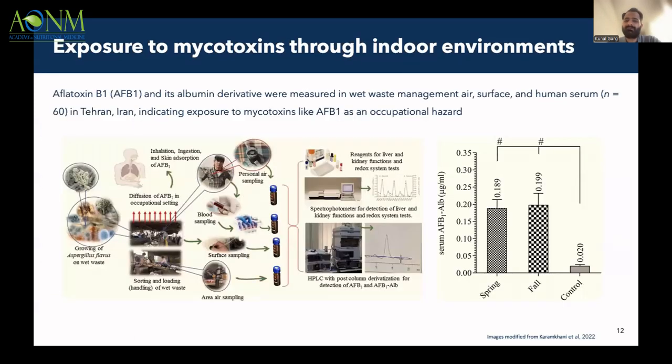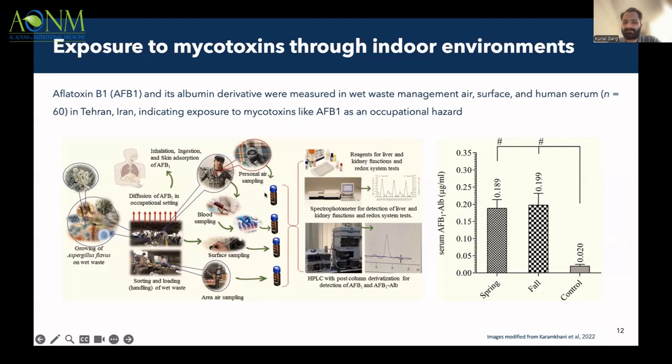So does the indoor environment play an important role in mycotoxin exposure? It actually does. This is a very good paper from a wet waste management facility, where they took samples from the air, from the surfaces, and blood samples from people working in that area, and there was also personal air sampling for these people.